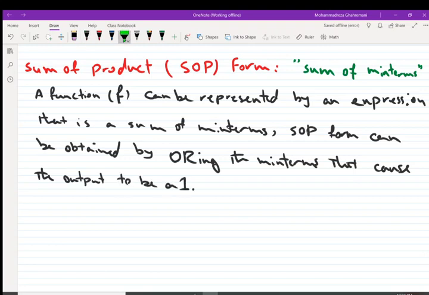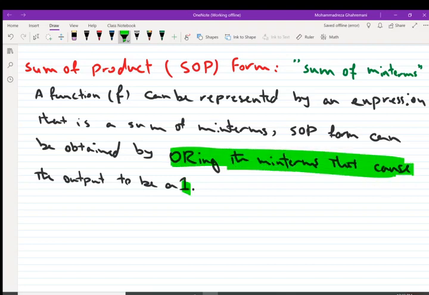Okay, this part is very important. ORing the minterms that cause the output to be 1. So we should pick those minterms that cause the output of the function to be 1.